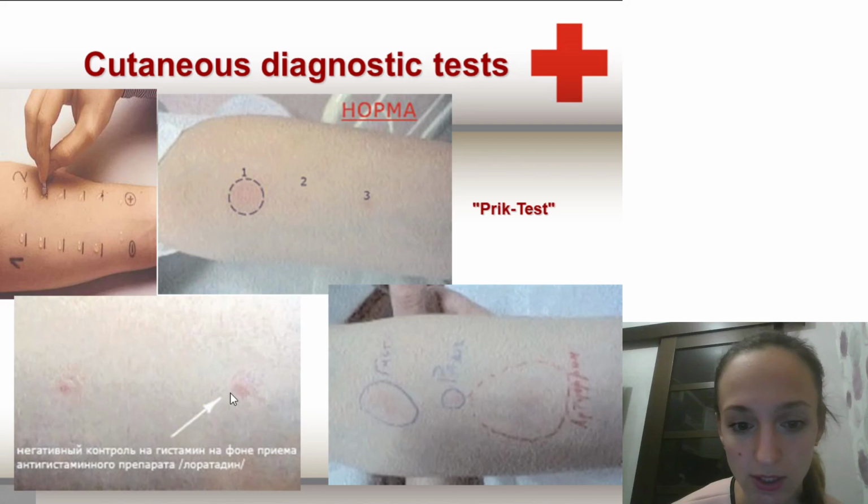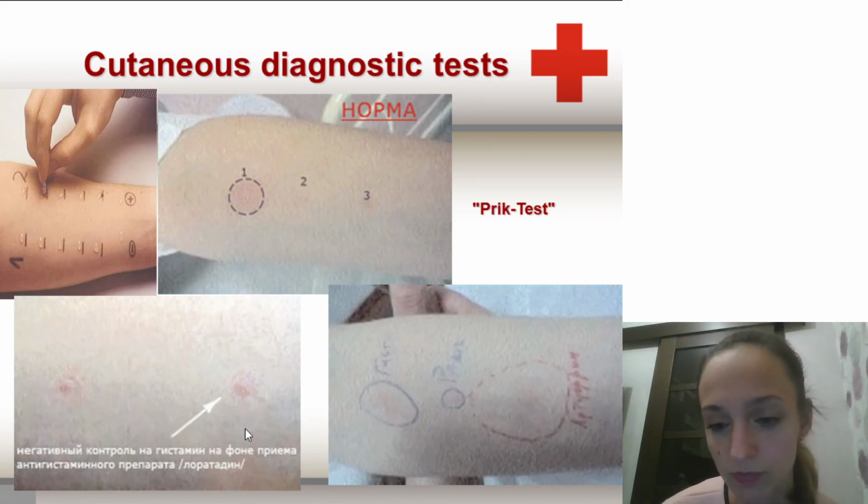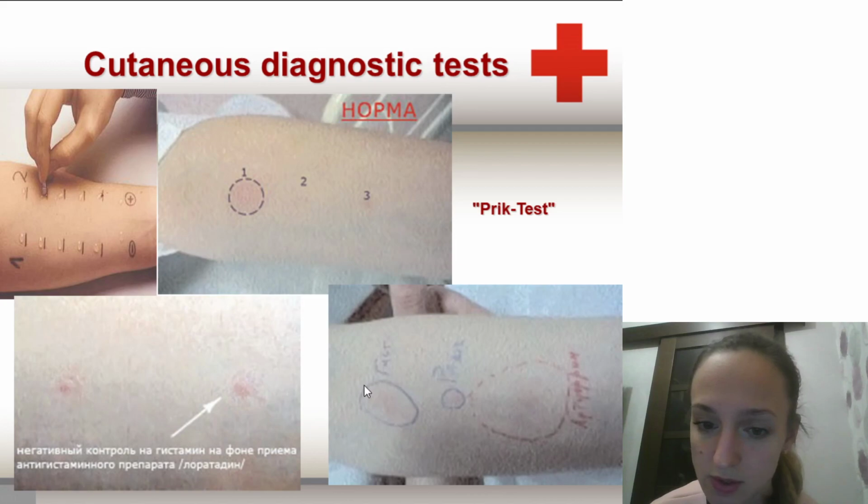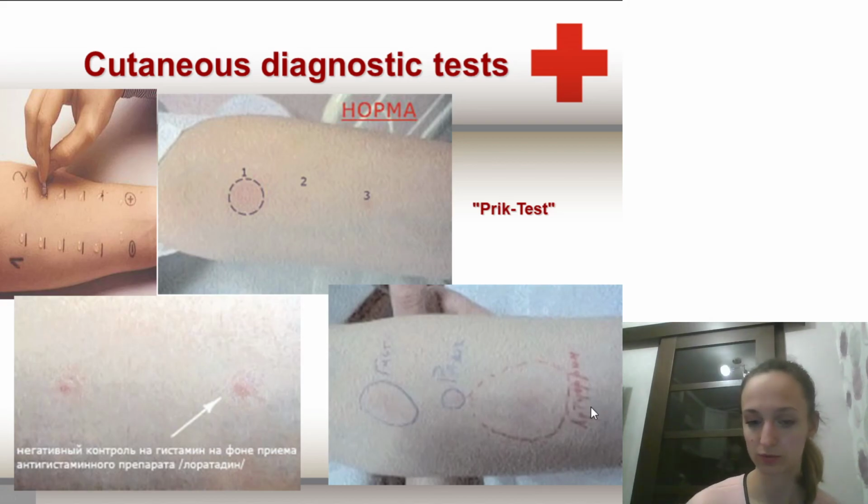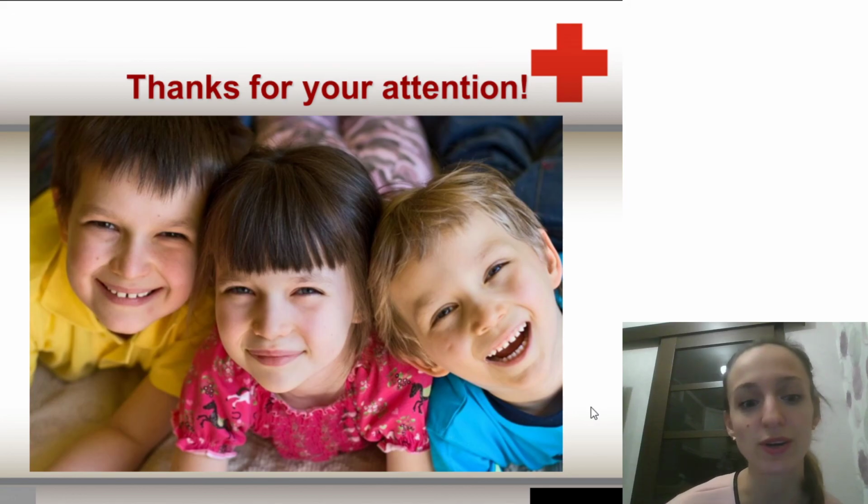So here it is negative control to histamine. So here I use loratadine, and look please the size, first size, second, the third. Thanks for your attention, guys.